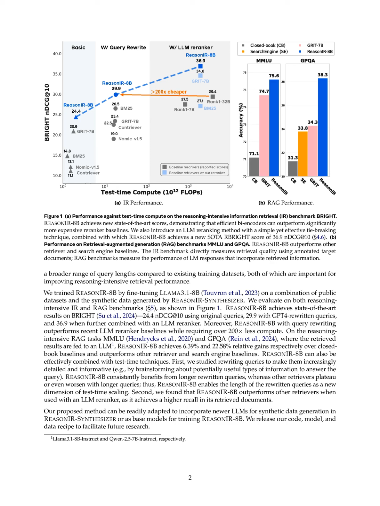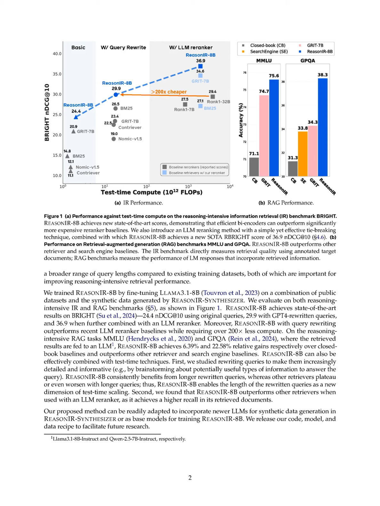Performance metrics employed to demonstrate effectiveness included the normalized discounted cumulative gain at rank 10, NDCG at 10, where ReasonIR-8B achieved state-of-the-art scores of 24.4 on original queries and 29.9 on rewritten queries in Bright, as well as significant relative gains of 6.39% and 22.58% on MMLU and GPQA, respectively.